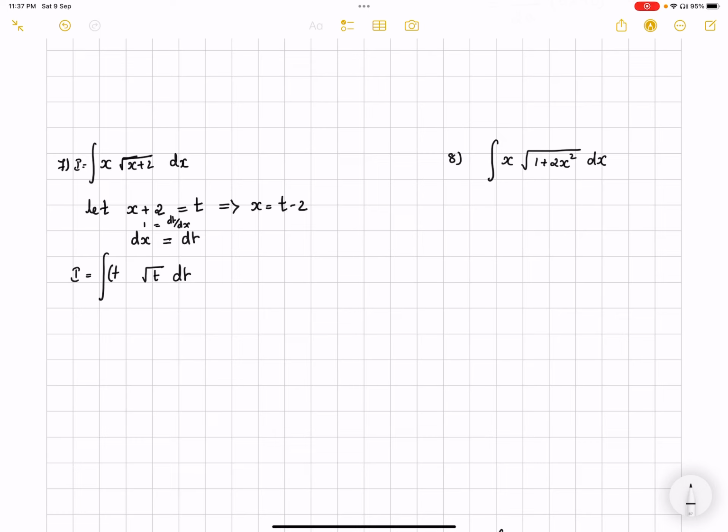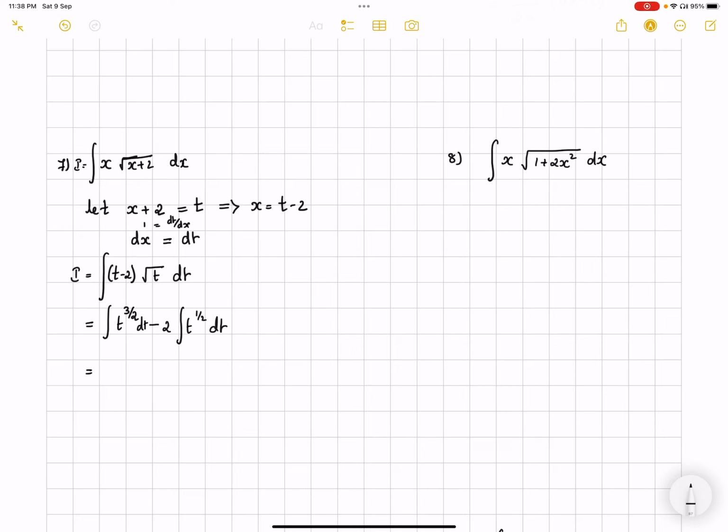So that is what we would be writing, t minus 2 here in the place of x. Now, what would happen? This root t would be getting multiplied with both the terms. I would be getting integral t to the power 3 by 2 dt minus 2 times integral t to the power 1 by 2 dt. This is how I would be getting. Now, after this, let's go ahead and integrate it.